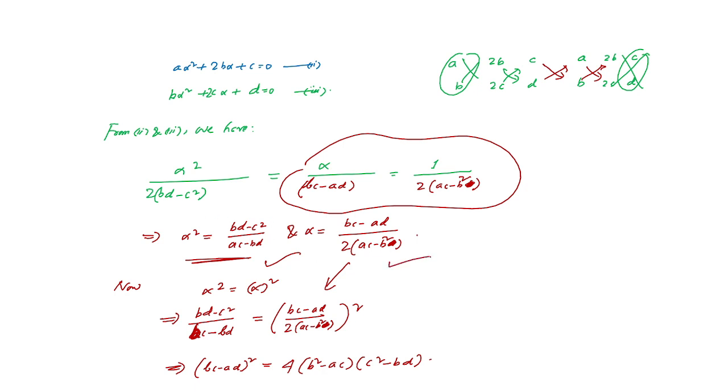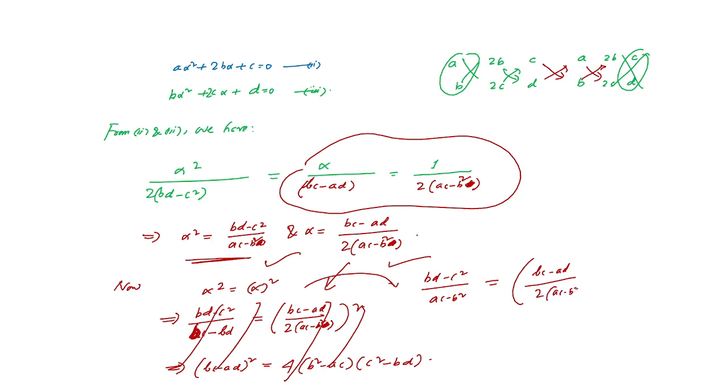This is also correct. So AC minus B square. What is alpha square? BD minus C square by AC minus B square, and alpha BC minus AD by 2 into AC minus B square, that whole square.